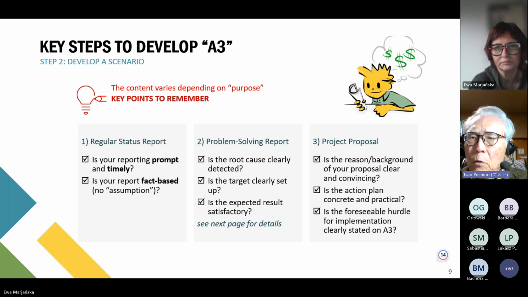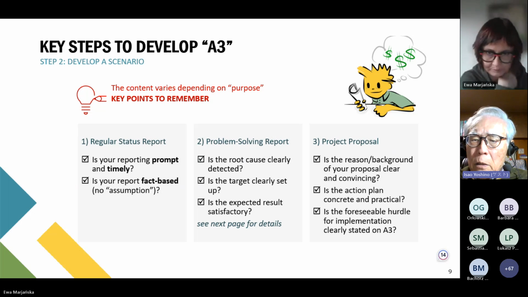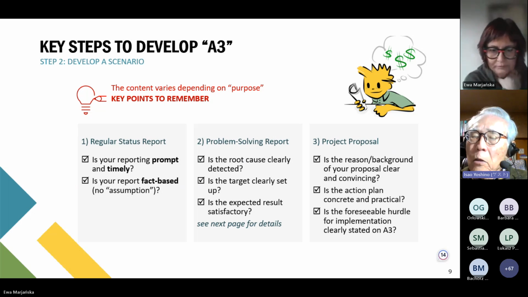And many people in the Lean world believe that the main purpose of A3 is problem solving. Because John Shook, the Lean coach, wrote a book about A3 a long time ago, and he focused on A3 for problem solving. So many people in the Lean world believe that A3 is only for problem solving.